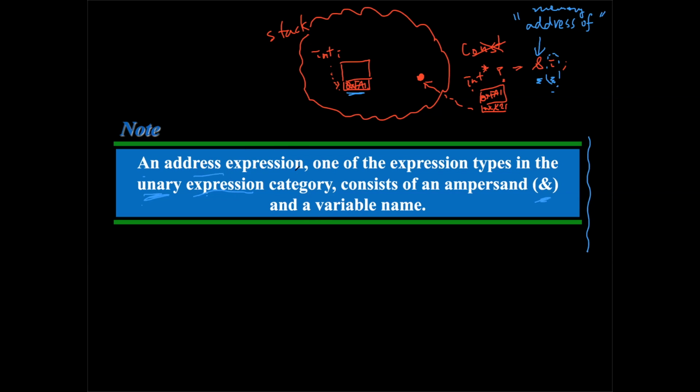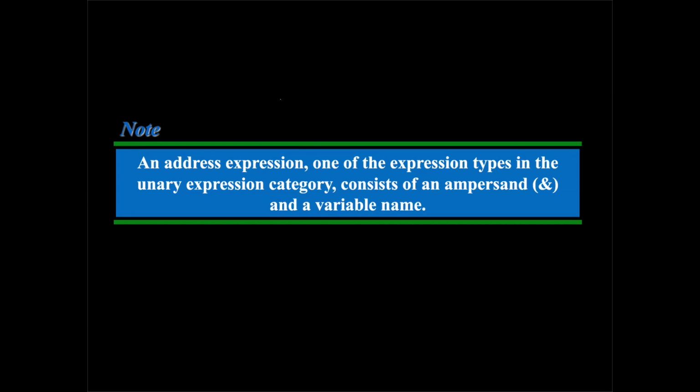The address expression makes use of this ampersand. So in general, the address expression, when used on top of a variable, has this convention: ampersand, variable name. This entire expression evaluates to a memory address.